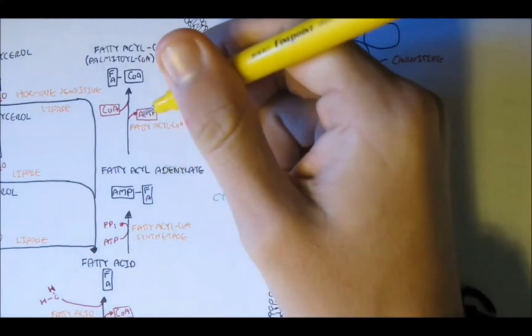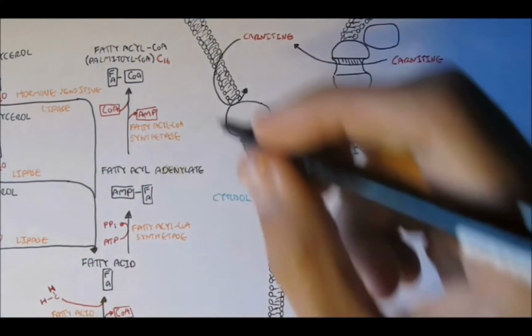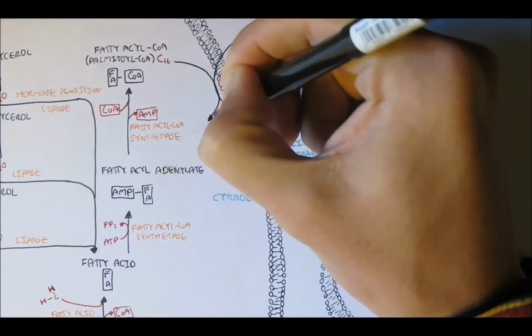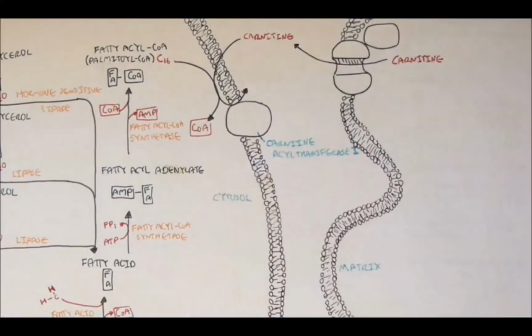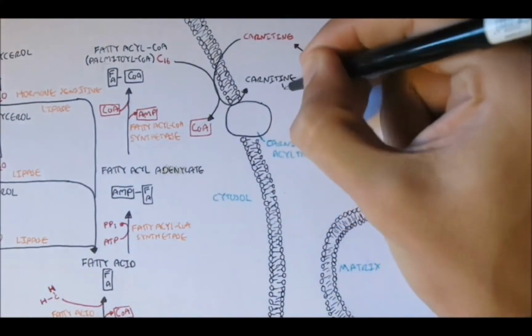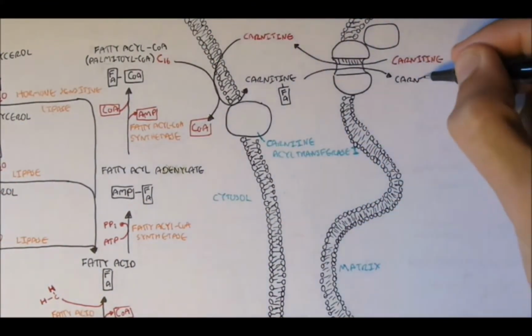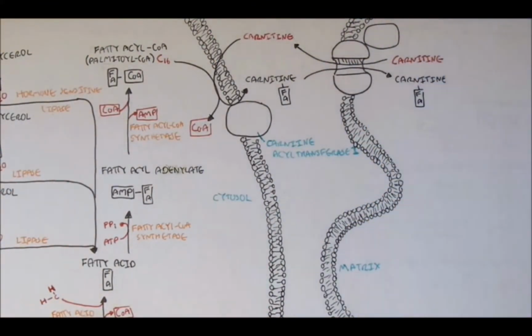Now, carnitine acyl transferase 1, which is located on the outer membrane, transfers the fatty acyl group, the palmitate in this case, from palmitoyl-CoA to the hydroxyl group of carnitine. The acyl carnitine then moves through the intermembrane space and passes through the carnitine transporter. Now, acyl carnitine is in the mitochondrial matrix.